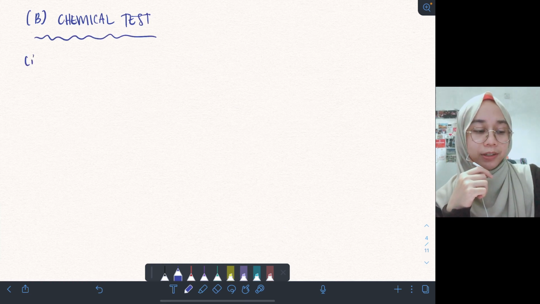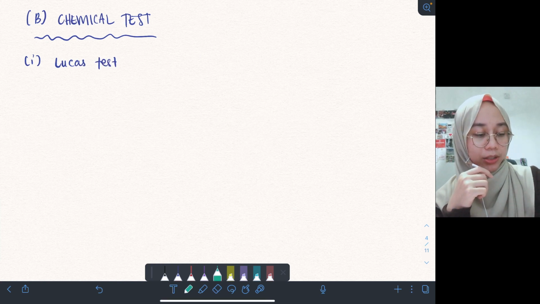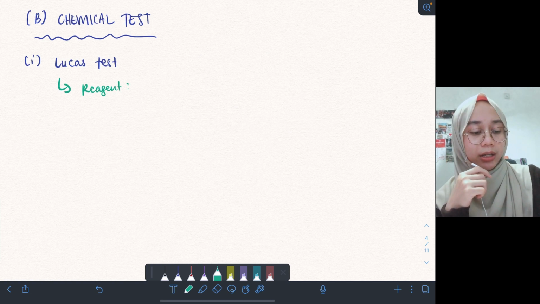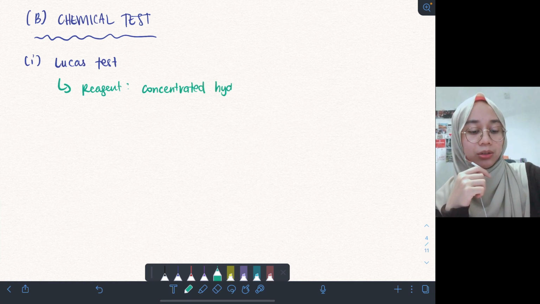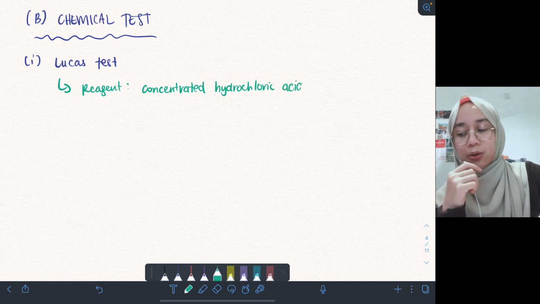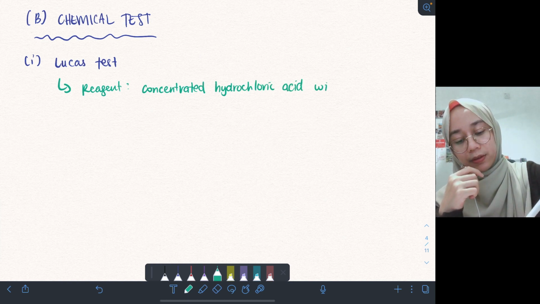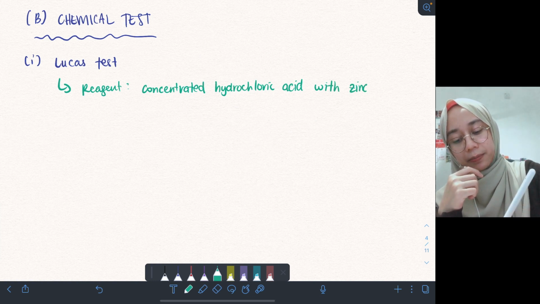Okay, so the first one, which is the Lucas test. Let's have a look at the reagent first. The reagent for the Lucas test, dia akan perlukan concentrated hydrochloric acid with zinc chloride.